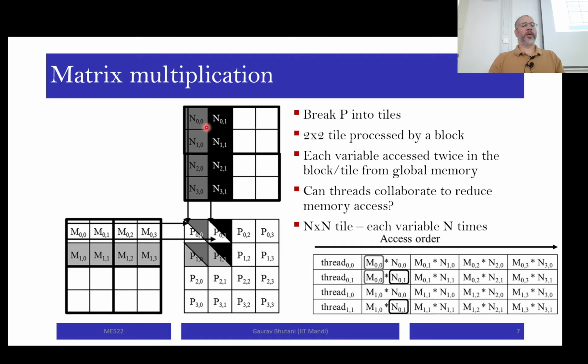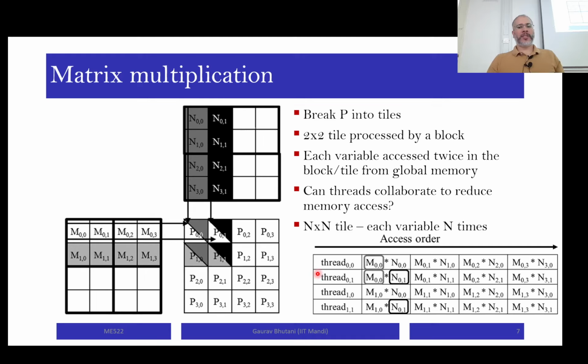Because if M00 is sitting on the shared memory, you only access it once to copy it from global to shared memory, and once it is on the shared memory it is so quick that you do not even count that, because the compute to global memory access ratio is what matters. Shared memory access is so fast, it is negligible compared to the global memory access bandwidth.